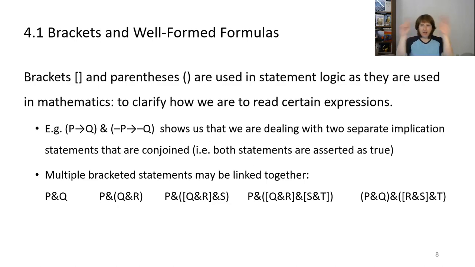S is another one. That's all contained in the round brackets. And then everything in the round brackets connects to the conjunction in the middle with P as the other conjunct. So this statement is telling us that P is true and Q is true and R is true and S is true, because when there's a conjunction, it's just saying that each of the things being asserted here is true.